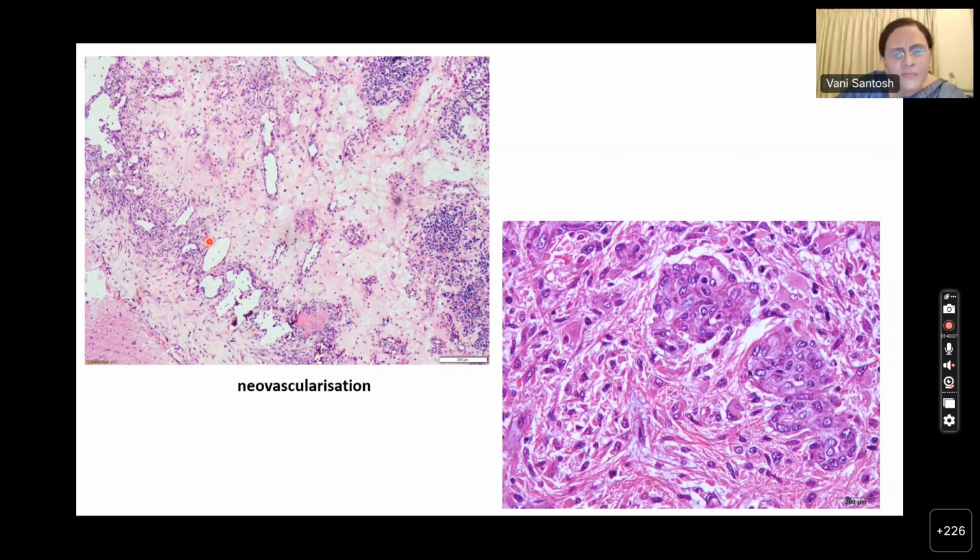But these tumor blood vessels do not have a proper frame or a proper basement membrane; only the endothelial cells form them. Because of that, it gives rise to the extensive perilesional edema that you saw. So this is known as tumor neovascularization. Another term that is used is sprouting angiogenesis.